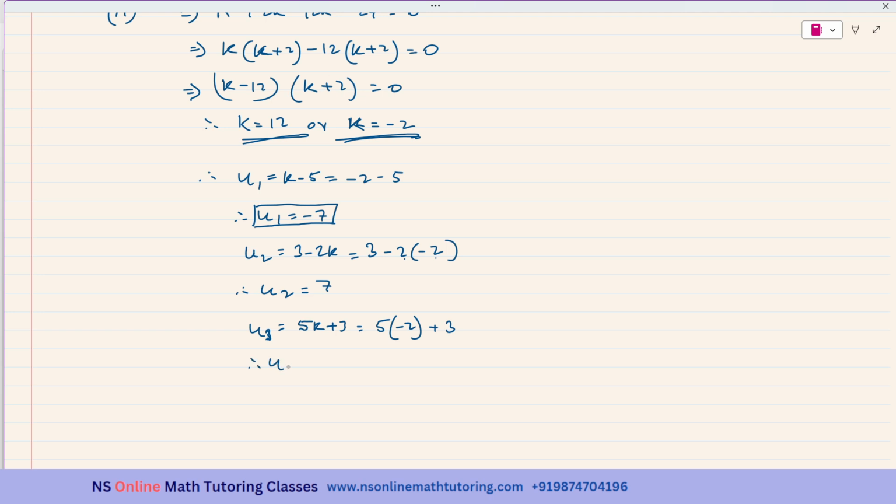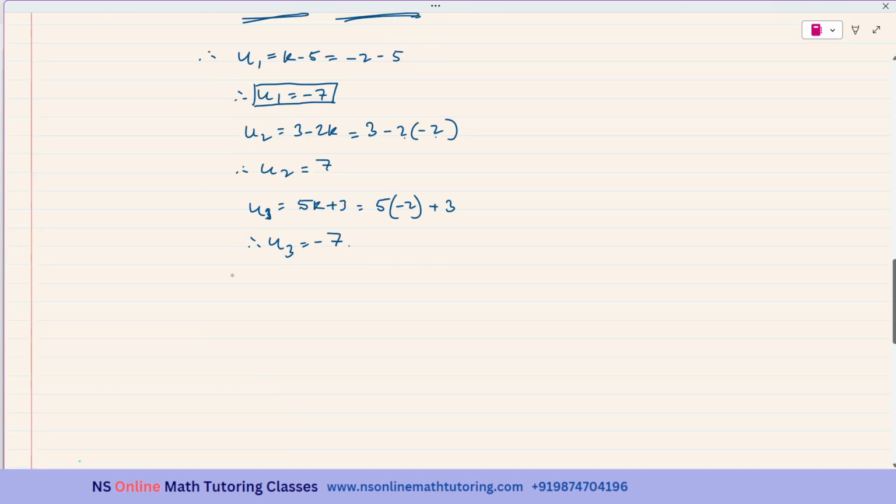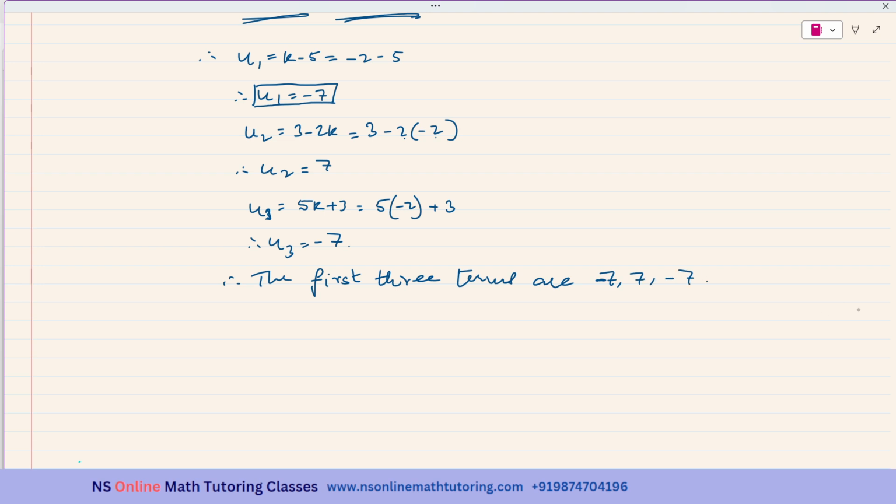So, therefore, u3 equal to 5 times negative 2 is negative 10 plus 3 is negative 7. So, therefore, the first three terms are negative 7, and then positive 7, and then again negative 7.